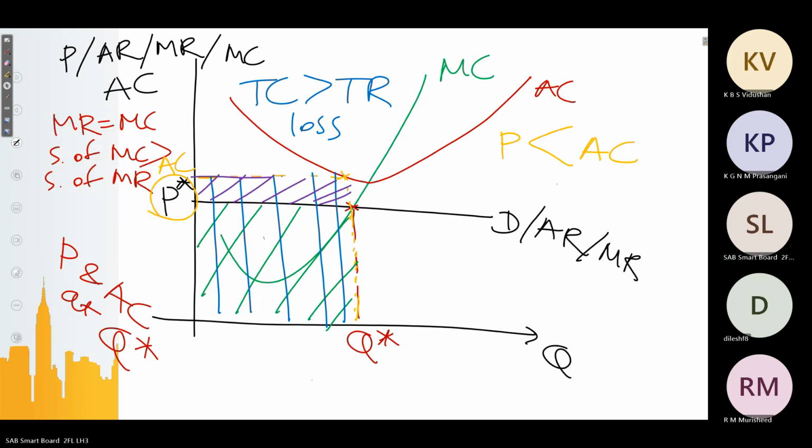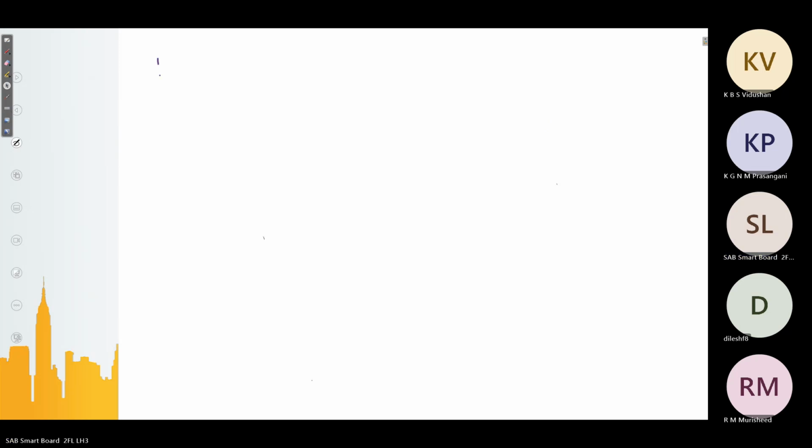This is the total loss. Clear? We will talk about the other situation also quickly.